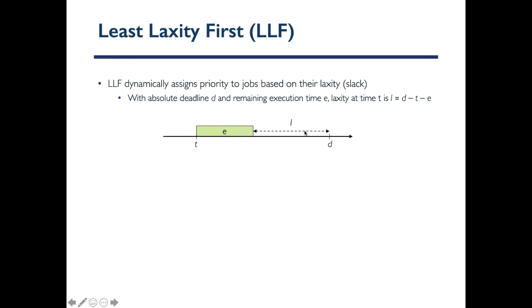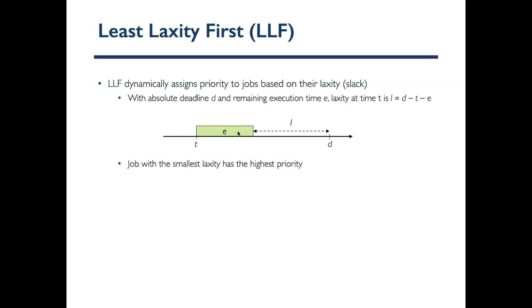And as you can see, the more laxity you have, the more flexibility the system has in scheduling you. So if you have a task that has a laxity of 0, this basically means that you have to run that task right now. If you even wait for one time unit, you're going to miss the deadline of that task.